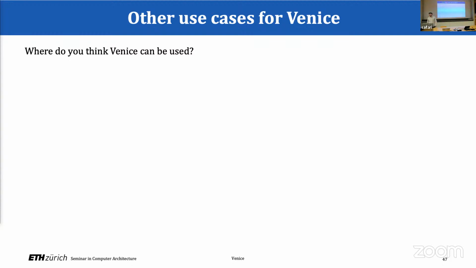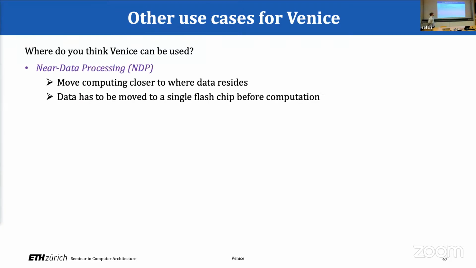Does anybody else have some other points on how to use it? One would be near-data processing. We have heard about it in prior lectures. Basically, it is the concept of moving the computation nearer to where data actually resides.